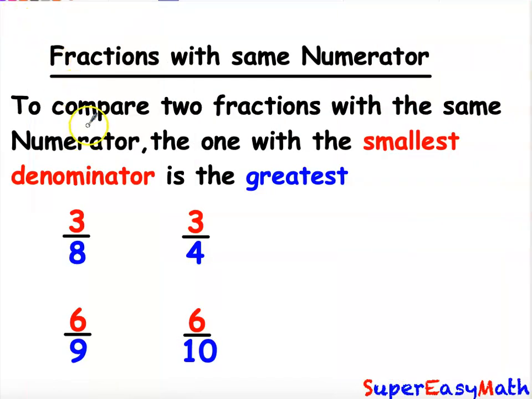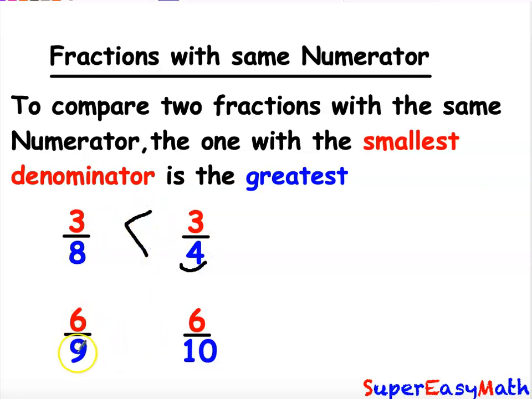So we can come up with this conclusion: of two fractions with the same numerator, the one with the smallest denominator is the greatest. So 3 over 4 and 3 over 8, they have the same numerator 3. Just look at the denominator. The smallest denominator belongs to the greatest fraction.